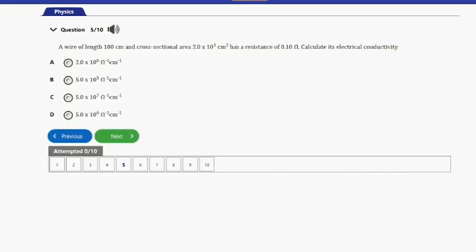So guys, actually conductivity is 1 over resistivity. So we are just simply going to calculate the resistivity, and then from there we can get the conductivity. So resistivity here, like we know, will be rho is equal to Ra over L.